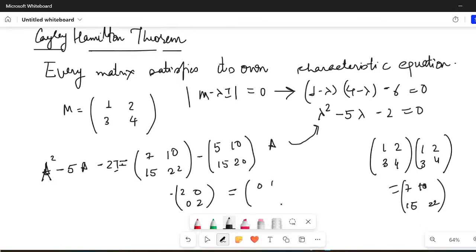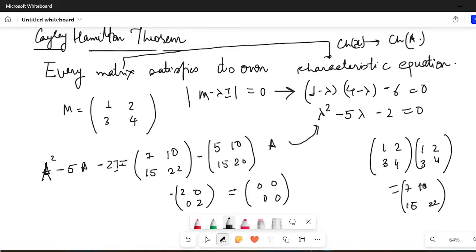So always remember that the characteristic equation is satisfied by the matrix whose characteristic equation it is. If CH(x) is the characteristic equation of a matrix A, then the matrix also satisfies the characteristic equation. If the characteristic equation is CH(x), and I replace x with A, then it is fine.